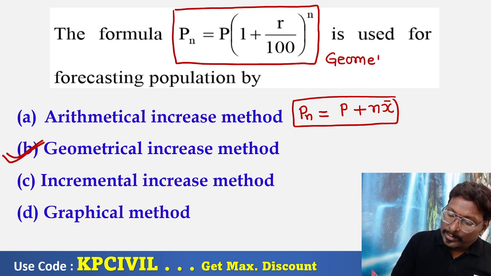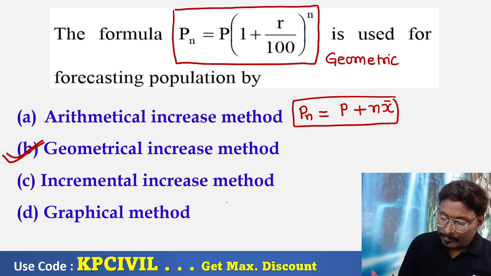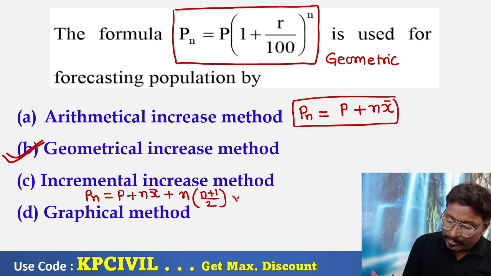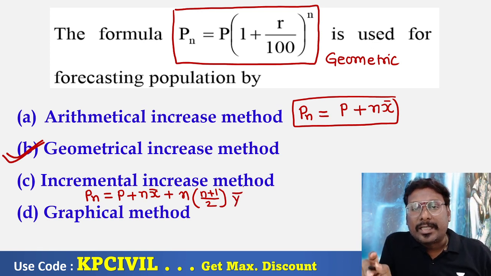Incremental: Pn is equal to P plus n into x bar plus n into (n plus 1) by 2 into y bar, incremental increase.